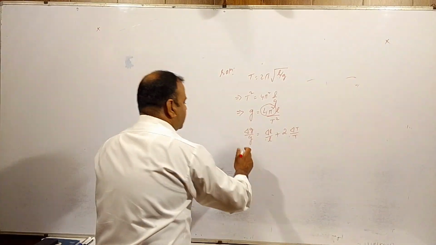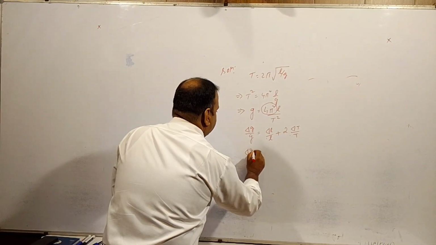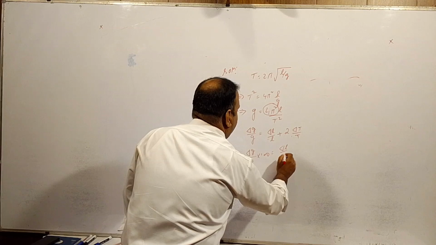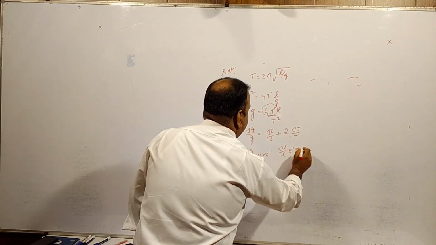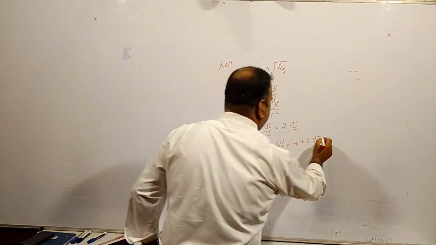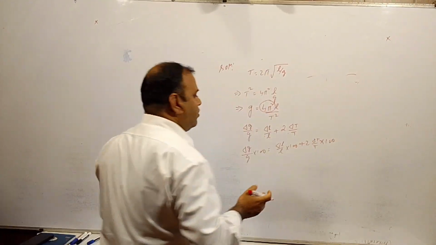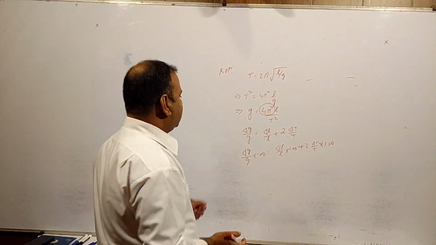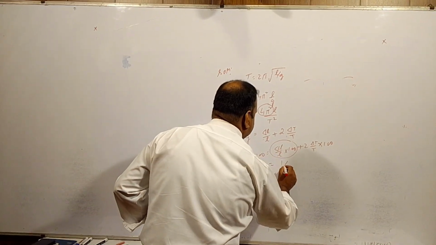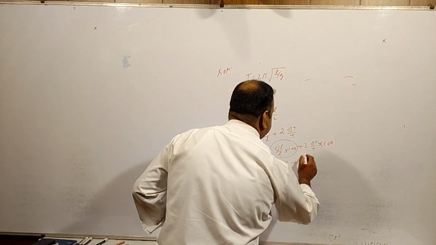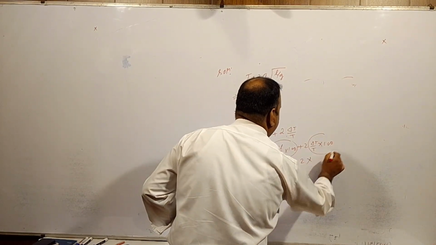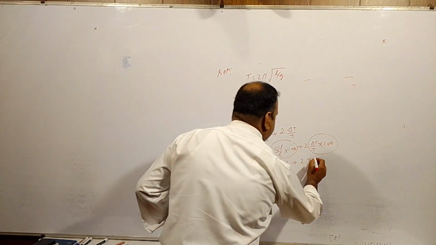Now you can multiply with 100%. Here also, delta L by L multiplied by 100% plus 2 into delta T by T multiplied by 100%. According to our question, the given length error is 1%, and the time error is 2%, multiplied by 2.